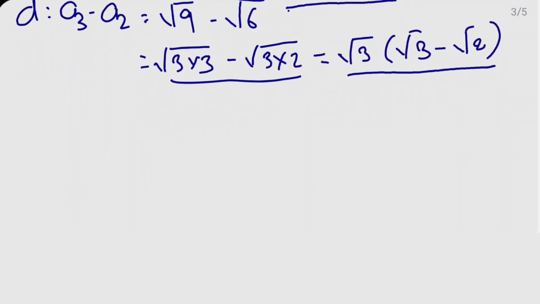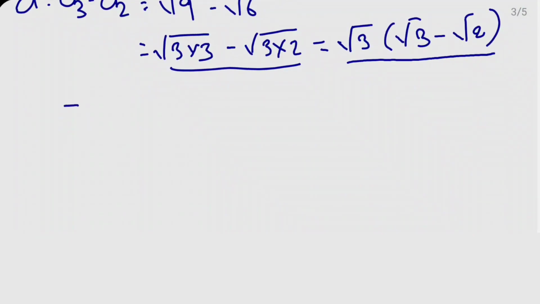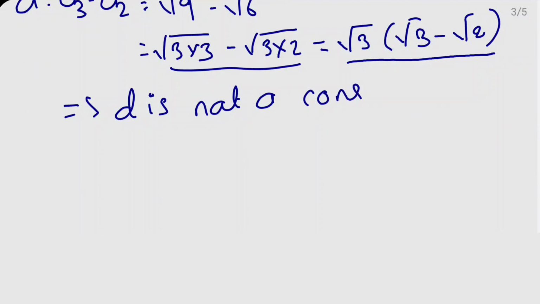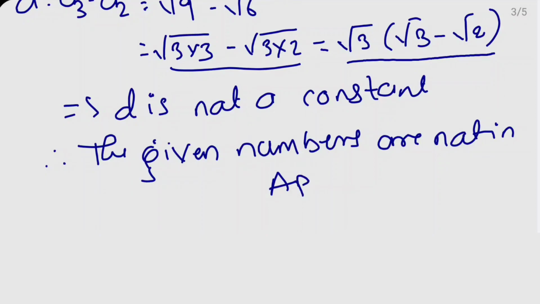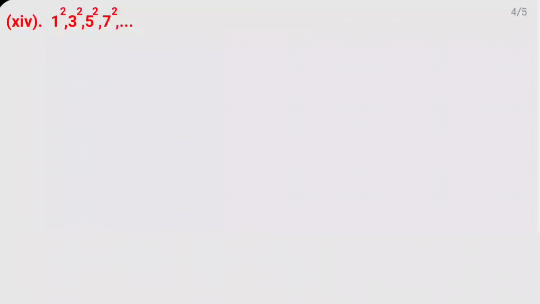So write down here, D is not a constant, therefore the given numbers are not in AP. Is it clear?